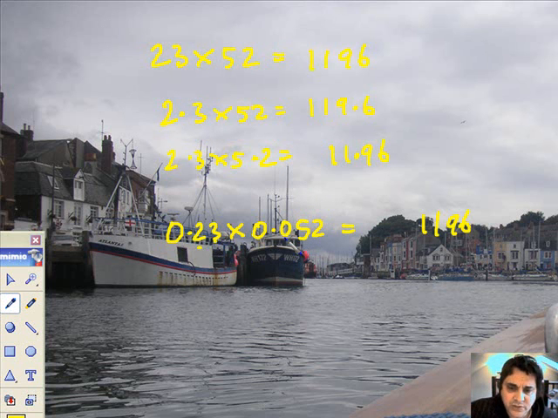So I've got 1, 2, 3, 4, 5 figures to worry about. Here we go. 1, 2, 3, 4, 5. Spot. So it's 0.01196. Okay, so that's that.